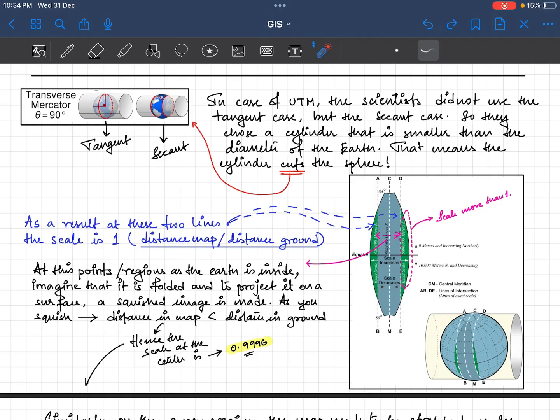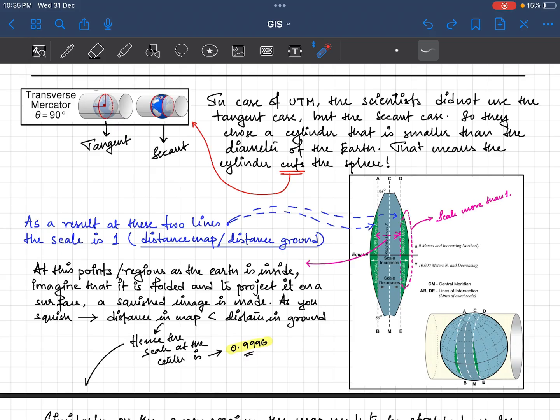I'll talk about why the cylinder cuts the sphere. It was a design choice. Let's imagine that once the cylinder cuts the sphere, we have this region coming out of the cylinder, and let's say this C line here is the center of the stripe.